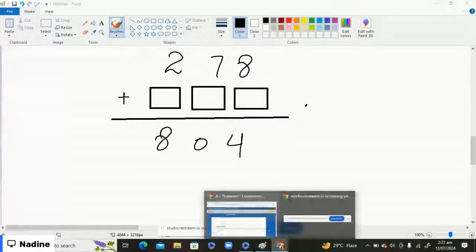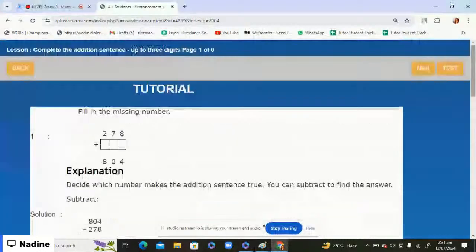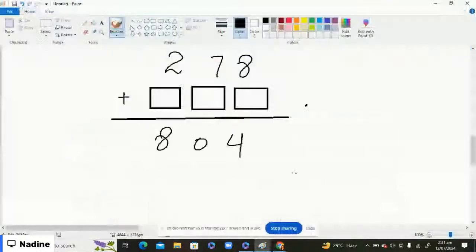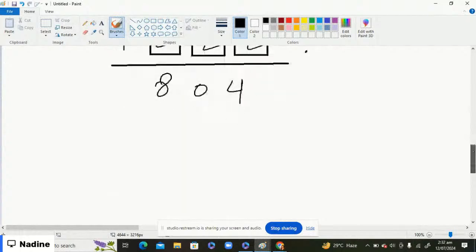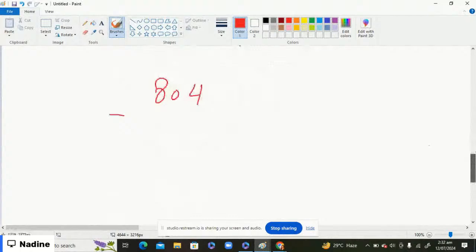So look at here the method to solve it. What we do, we are just going to subtract. If you have one line on the top and the answer is given, you just subtract the answer from this number. In this way you are getting the answer of these three digits. So it is 804. So you are going to subtract 804 from 278.